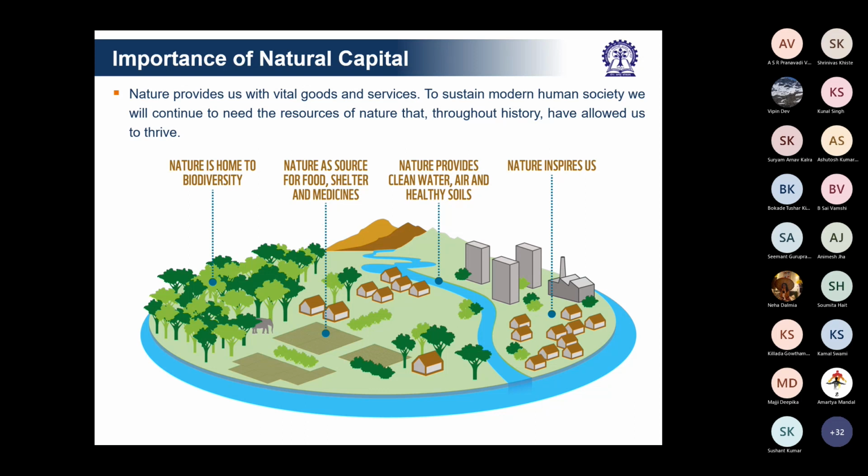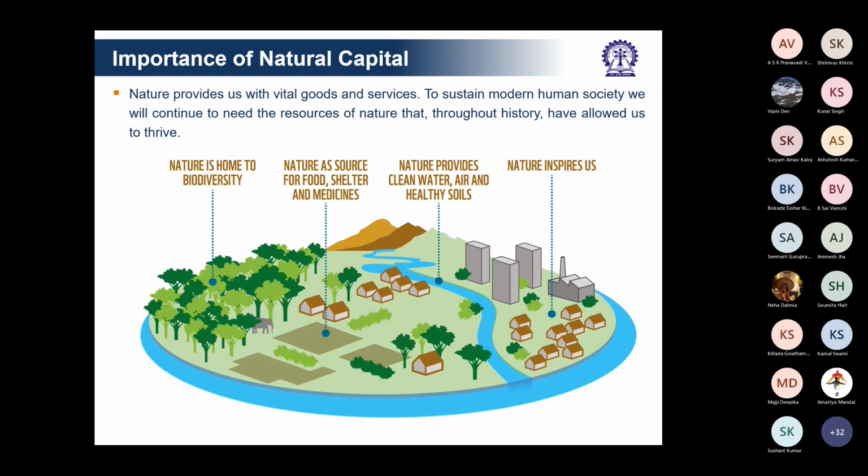Starting from the supply of raw materials, water, food, medicine, and energy, to the pollination of crops, formation of soil, and protection from flood, storm, and erosion, the planet's natural system provides a range of vital services that underpin production, trade, livelihoods, and consumption in every country.